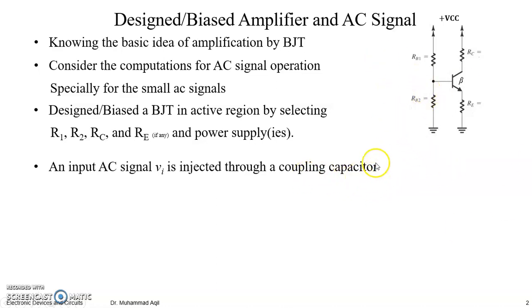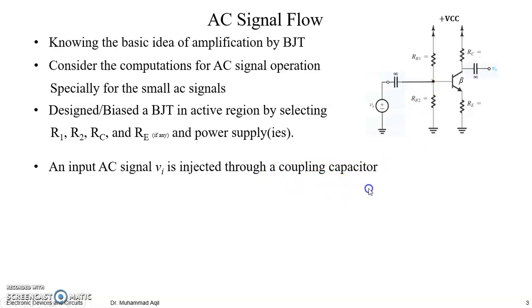And why with a coupling capacitor? To avoid the disturbance of our biasing. We have biased this circuit with this DC VCC and designed these parameters, so we do not want to disturb our biasing voltages and currents of this DC equivalent circuit, right?